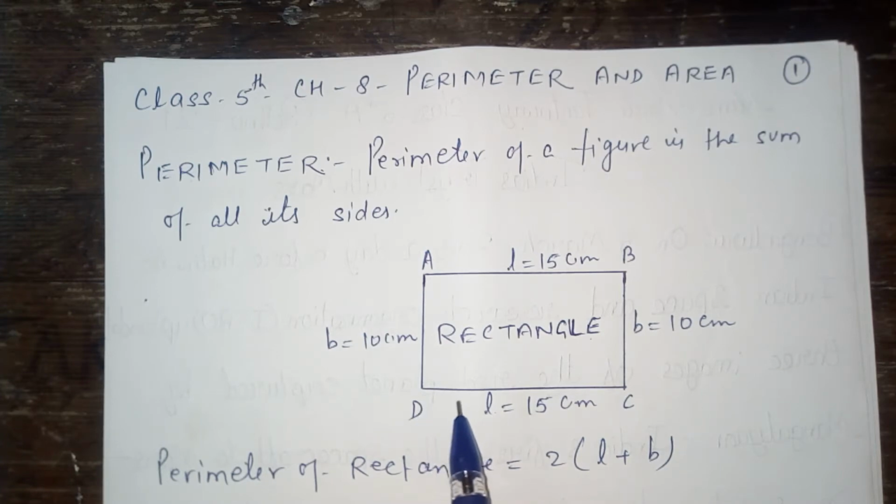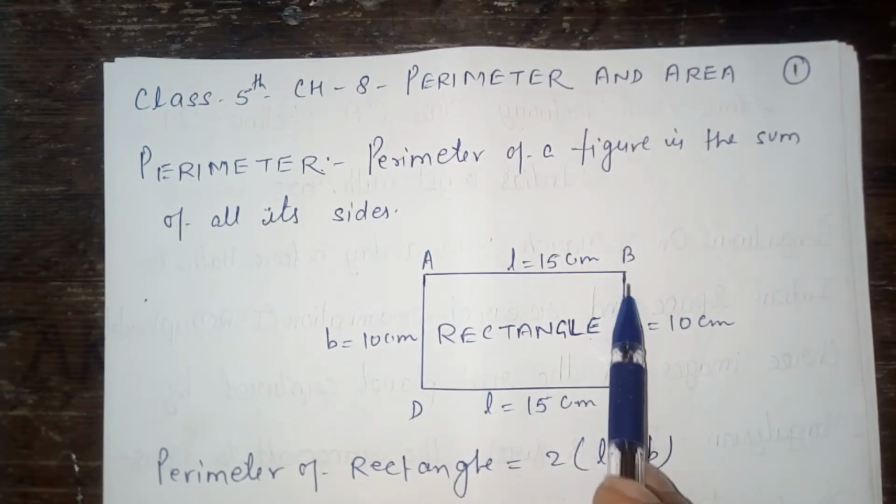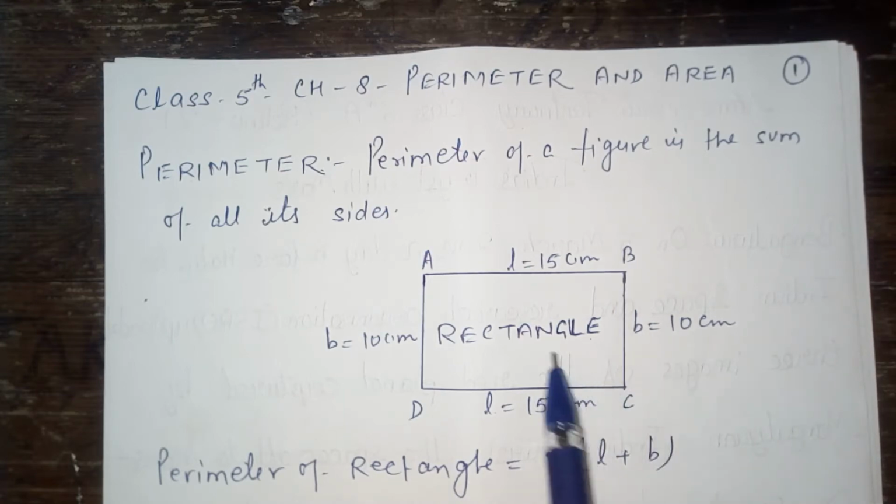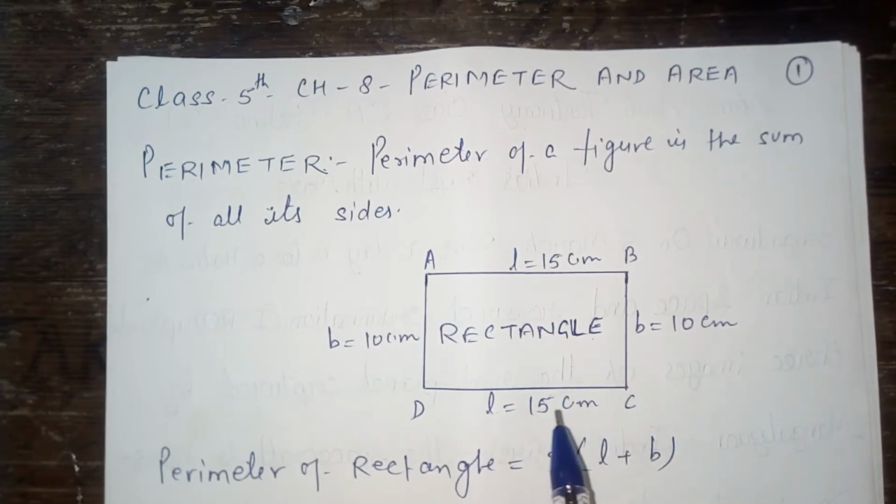That's why there are only two dimensions: first is length, second is breadth. So ABCD is a two-dimensional figure. This is the rectangle.